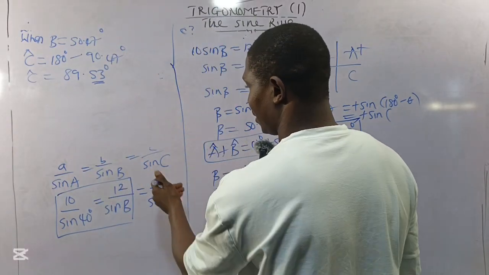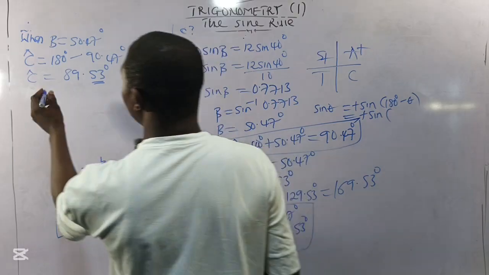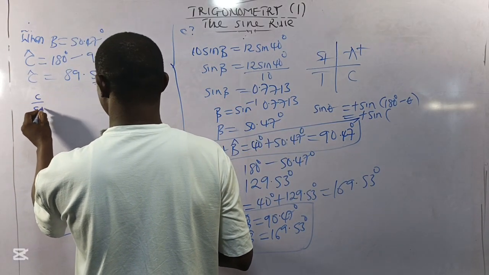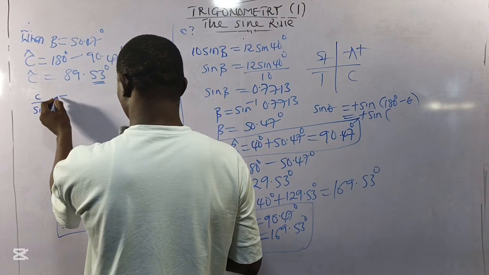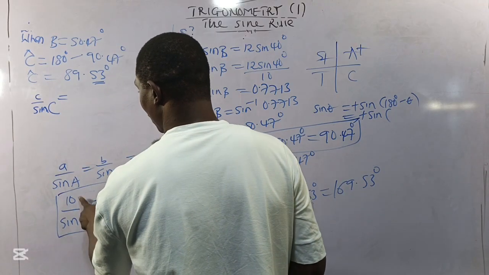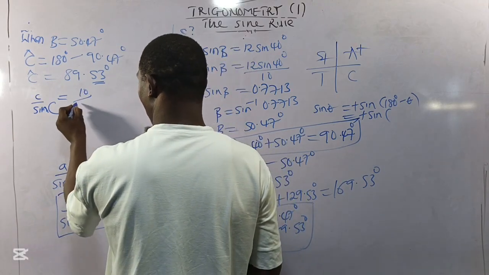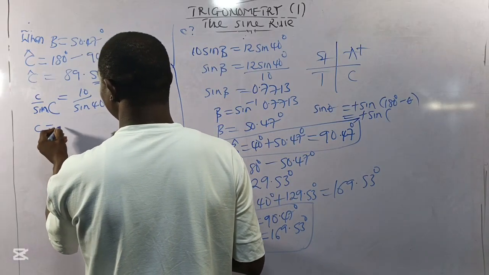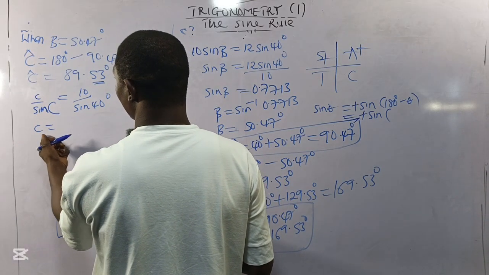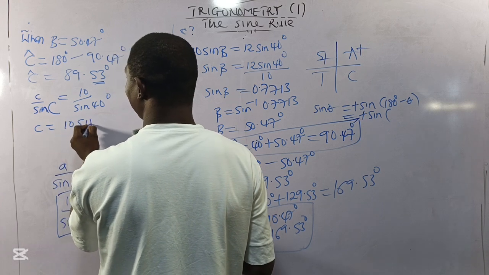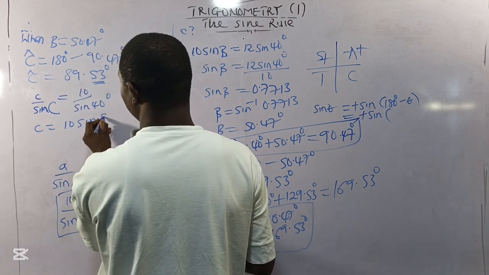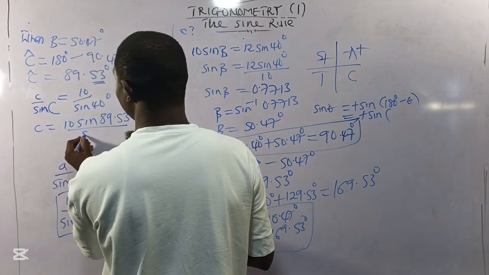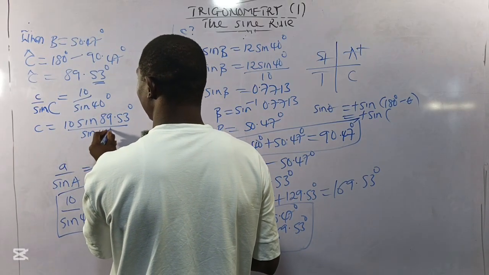Now we have to use that with this to solve. So we have small letter c all over sine capital letter C equal to the complete information given, 10 over sine 40 degrees. And my small letter c will be equal to 10 sine of angle C here, which is 89.53 degrees, divided by sine 40 degrees.